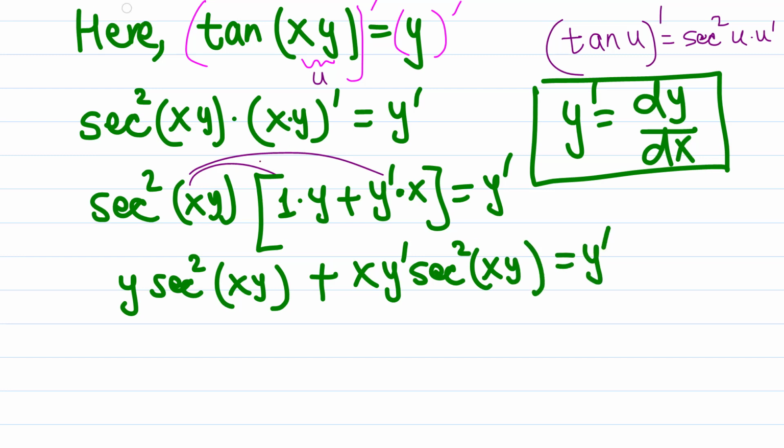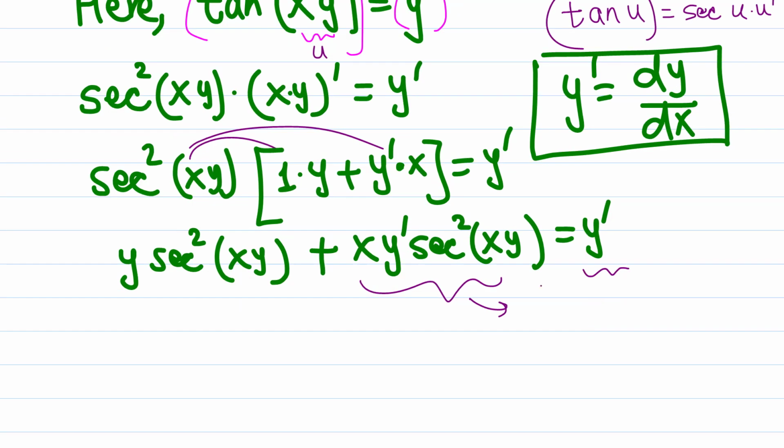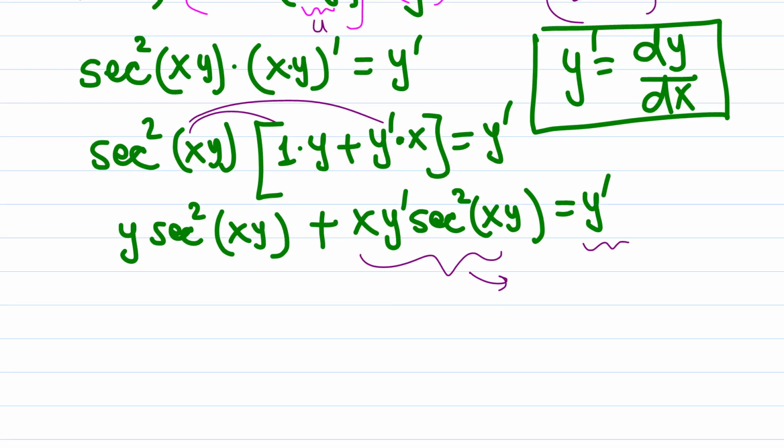As you can see, y prime is here and here. So move this term over, that means subtract it from both sides. We are left with y secant square xy equals y prime minus this term. Why are we moving it to the right? So that we can factor y prime.